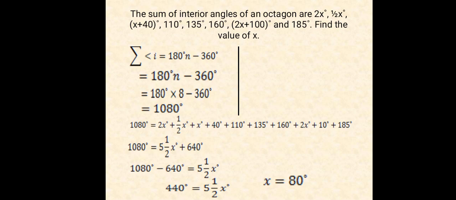The interior angles of an octagon are 2x, a half x plus 40, 110, 135, 160, 2x plus 100, and 185 degrees. Find the value of x. Now we quote the formula.